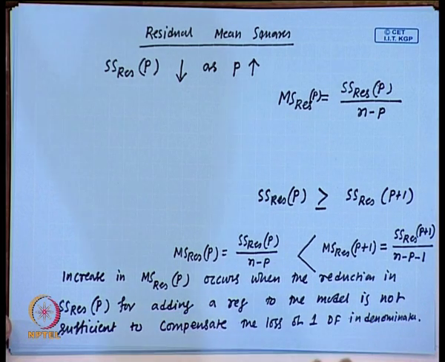So, if the newly added regressor variable is not relevant for the response variable or not relevant for the model, then only the reduction in SS residual for adding this irrelevant regressor is not sufficient to compensate the 1 degree of freedom loss, and then only MS residual increases.